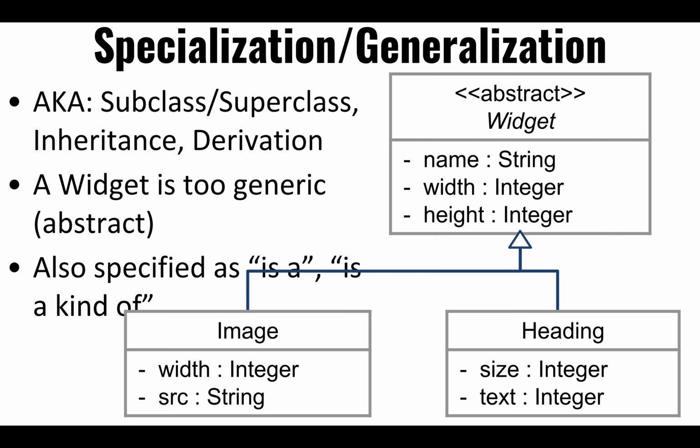Like a widget, that's way too abstract to have an instance of a widget. But all widgets should have a name, a width, and a height. Right? But as you come up with progressively more concrete things that can actually be rendered on screen, then these are not abstract; these are concrete classes that inherit from the abstract, right? And they inherit the string, the name, the width, the height, to build something more complex like an image and a heading.